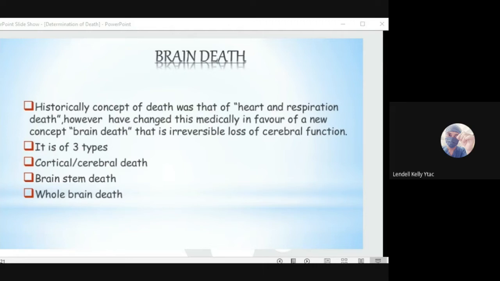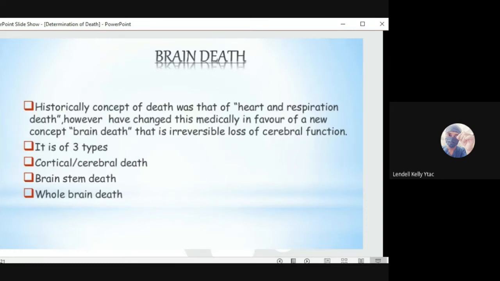Then lastly we have the whole brain death, the WBD. It means all parts of your brain, including the right and left hemispheres, the cerebrum and cerebellum, brainstem, the diencephalon, mesencephalon, the limbic system, pituitary gland, pineal gland, and pons, the rest of the brain structures.